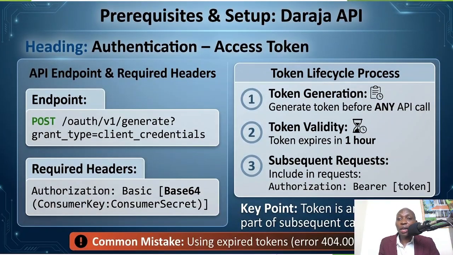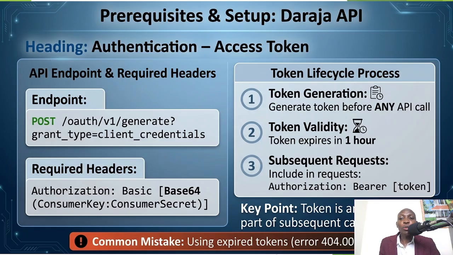Prerequisite and setup for the Daraja API. This is part of the prerequisites. So basically, for this STK Push API, I am beginning to explain some of the internals. Number one, you need to know that before you consume this API, you must have an access token.